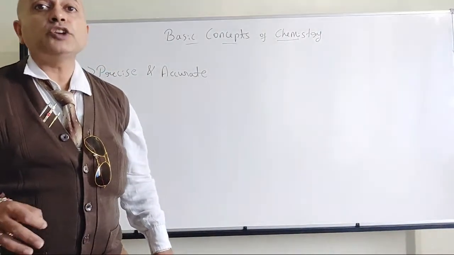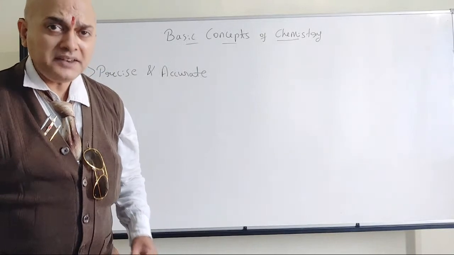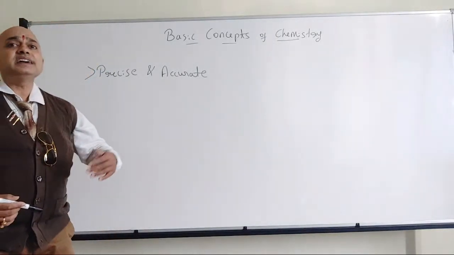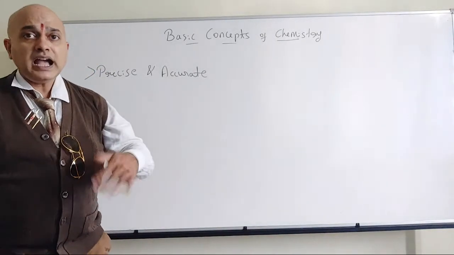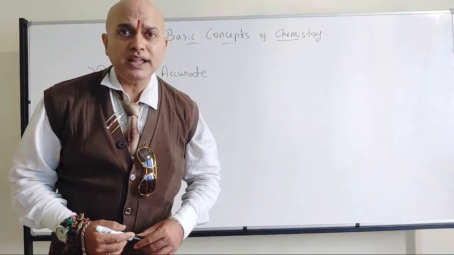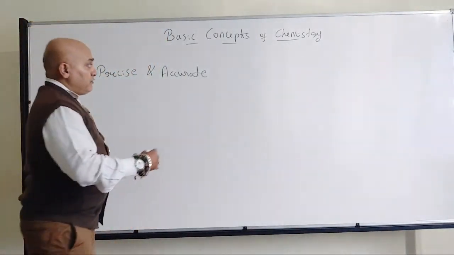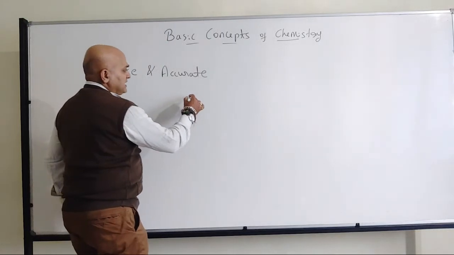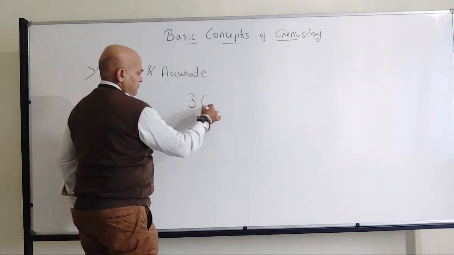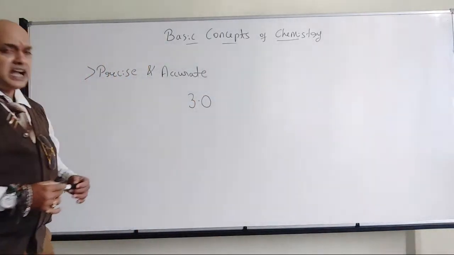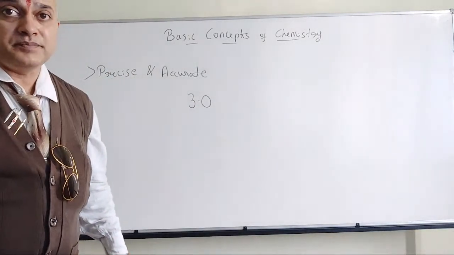Precise and accurate. Fine. See, for example, I am conducting an experiment. I am doing that one in a laboratory where I am expecting to get the result somewhere around 3. I should get the result as 3.